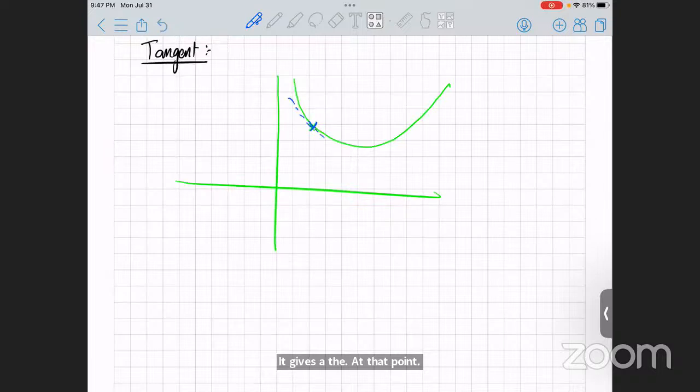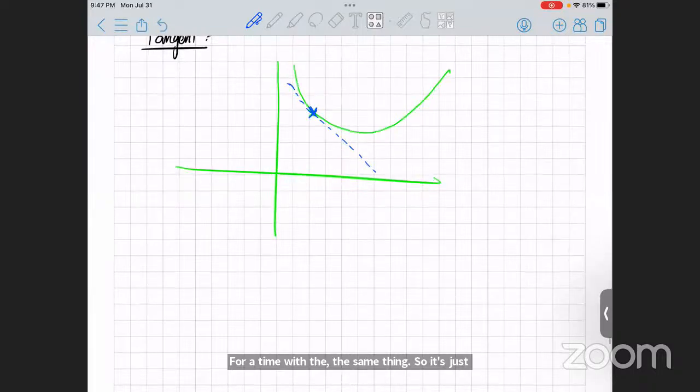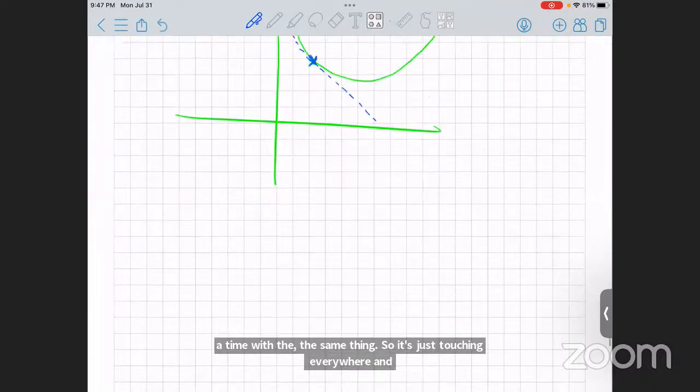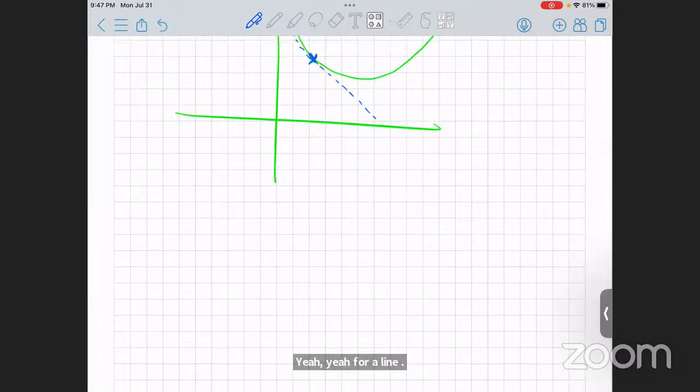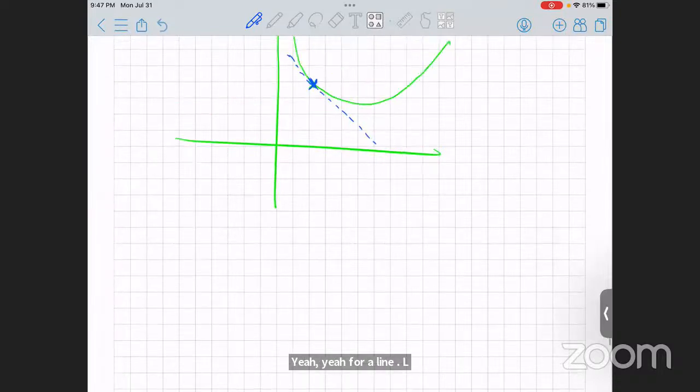It should only touch at that point, nothing more than that. For a line, the tangent is the same line, so it is touching everywhere. But for a curve, it should touch only at one point.